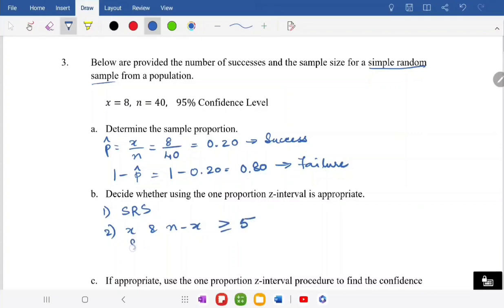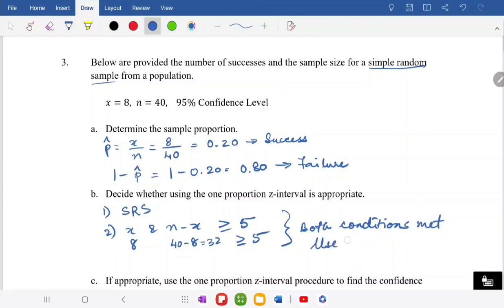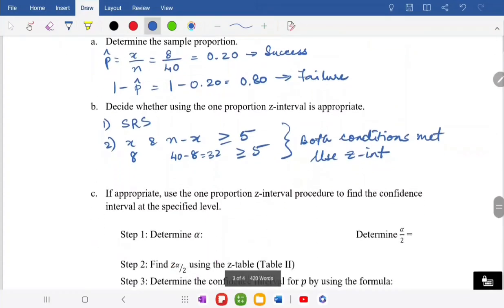X is 8, which is greater or equal to 5, and N minus X, which is 40 minus 8 is 32, is also greater than 5. So both conditions are met, so we can go ahead and use the Z interval procedure. The Z interval procedure is appropriate for us to use.